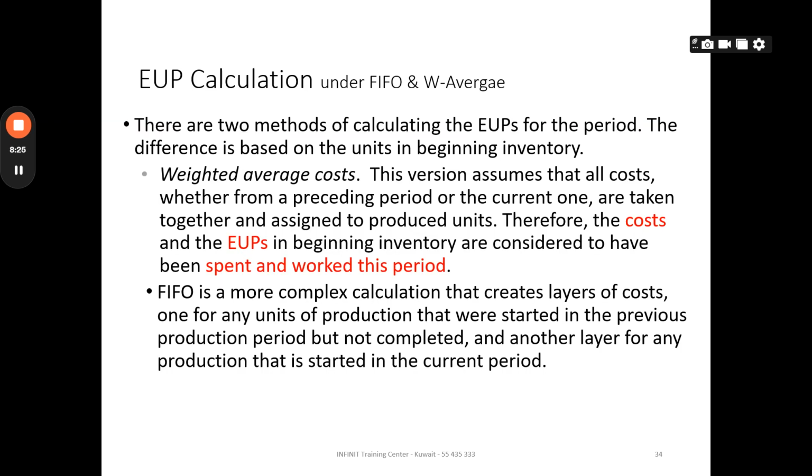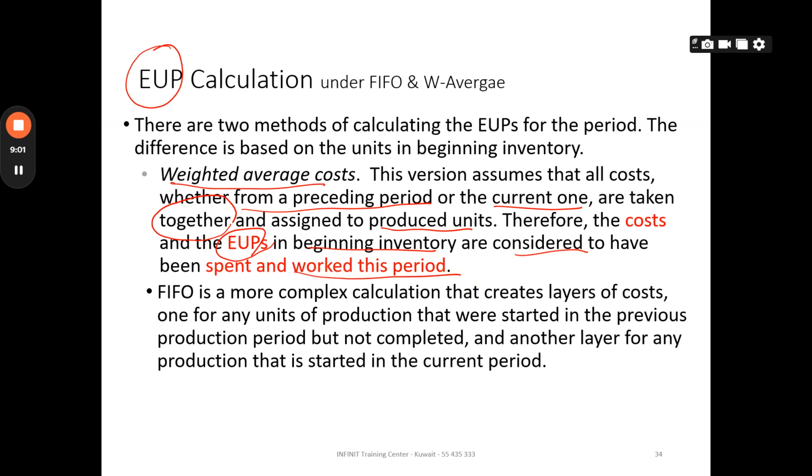Okay, now this is what we are going to apply in EUP calculation for process costing also. So we can see here under weighted average cost, we assume that all cost, whether from a preceding period or the current one, are taken together. All the cost you are taking and assigning to produced units. So we have seen weighted average in the previous example. Therefore, the cost of EUPs in the beginning inventory are considered to have been spent and worked this period.